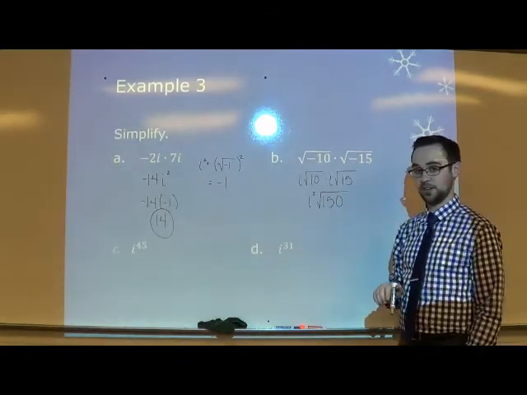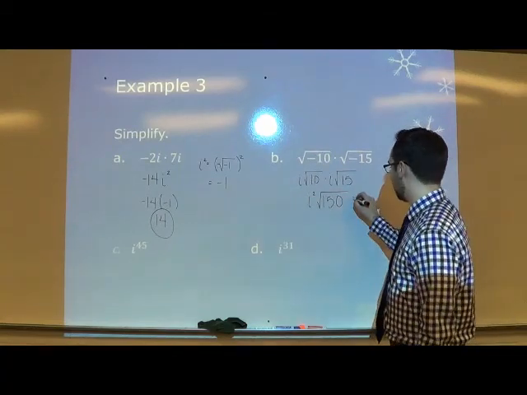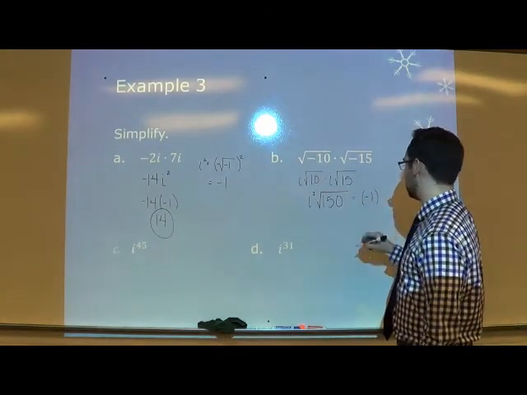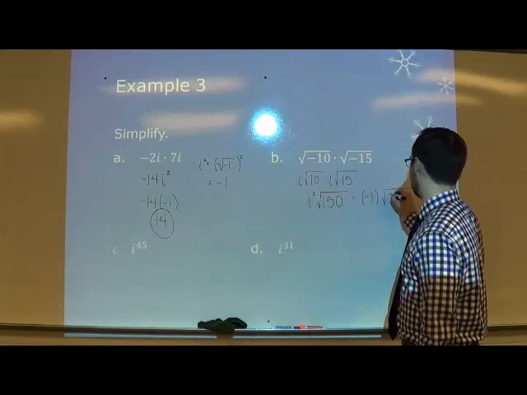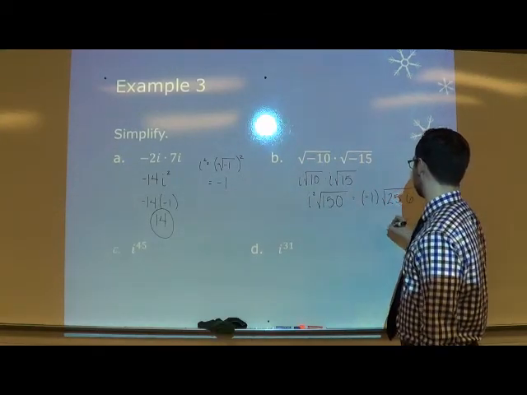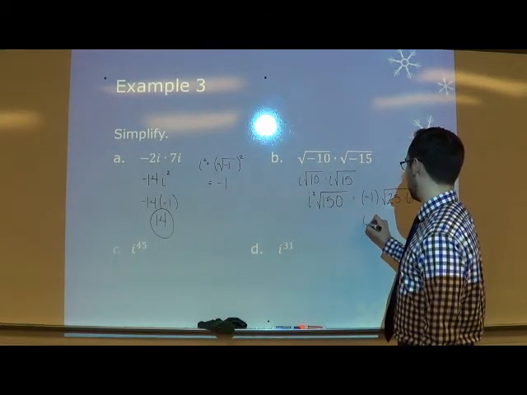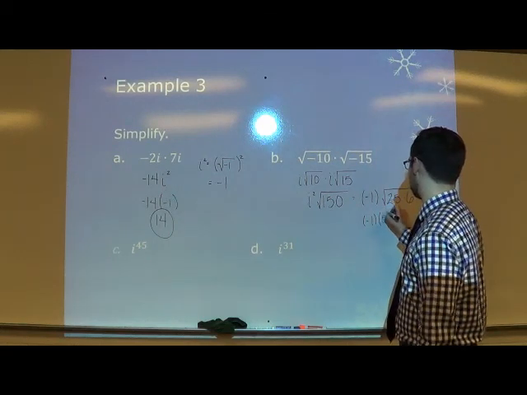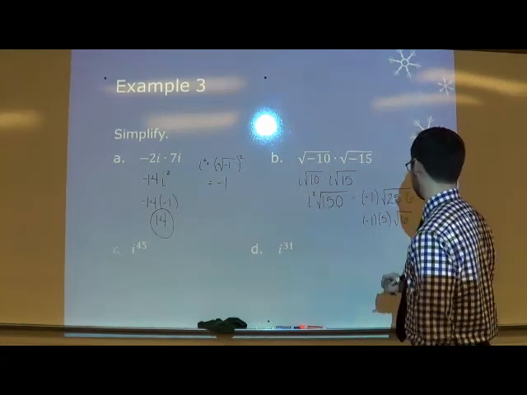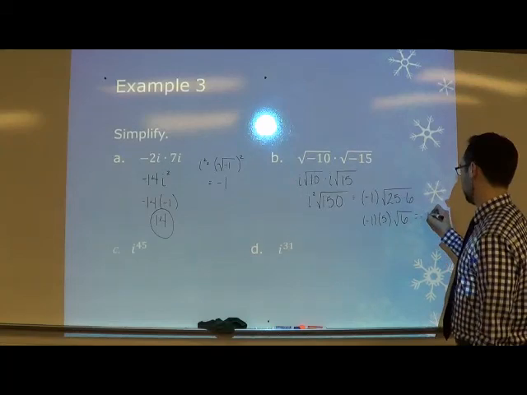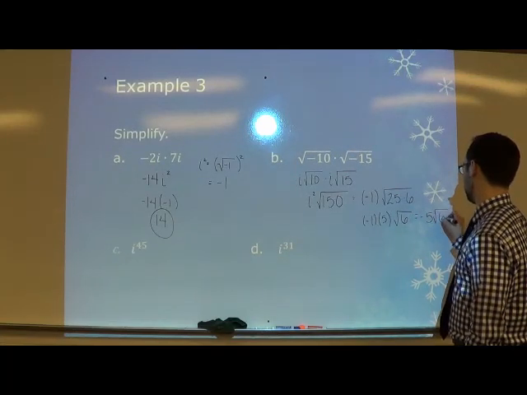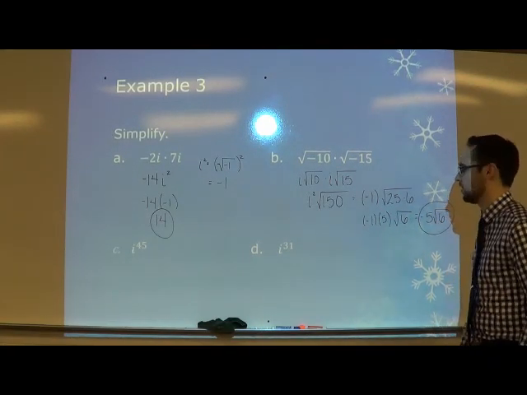But a factor of 150 is 25. So now the i squared out front is now just a negative 1 times the square root of 25 times 6. So I'm actually going to get a negative 1 times 5 square root of 6, which will give me negative 5 square root of 6 for my final answer.